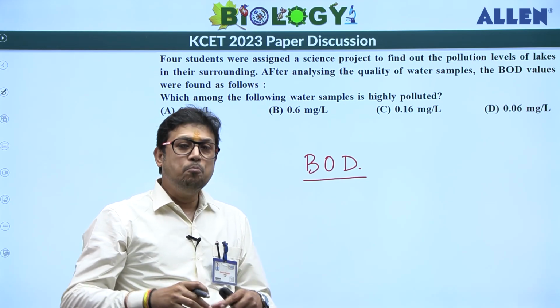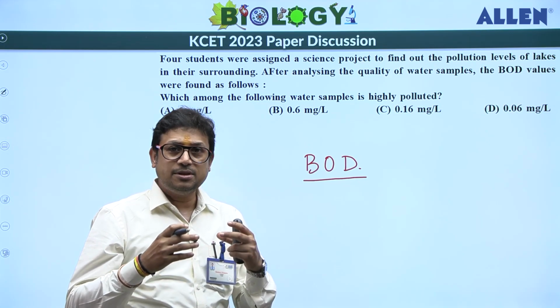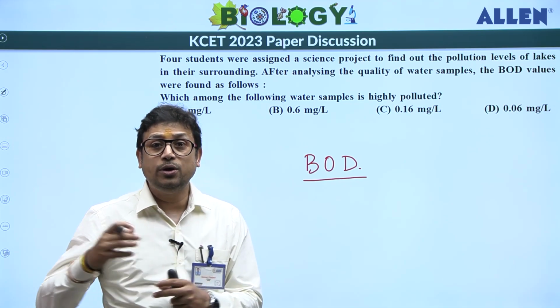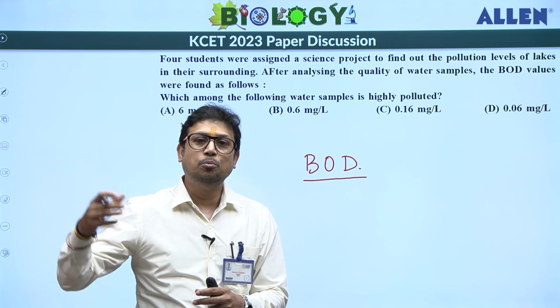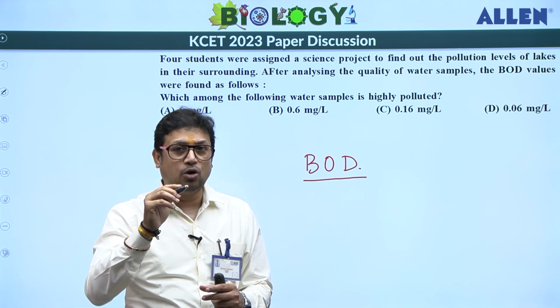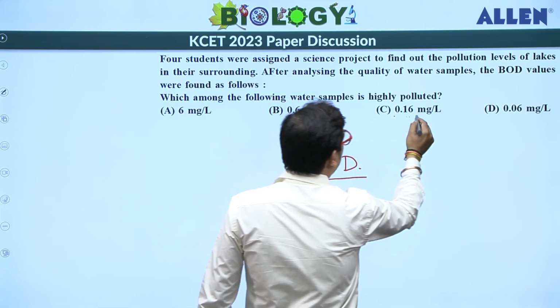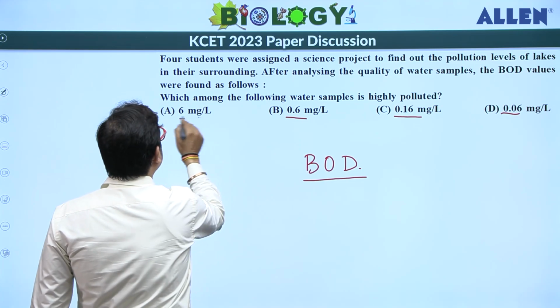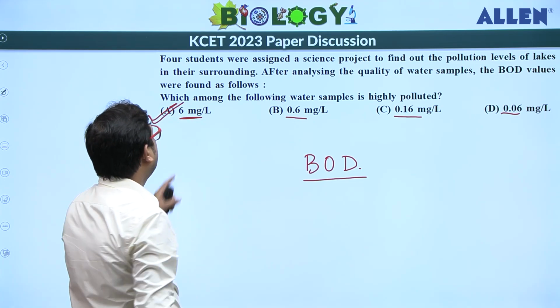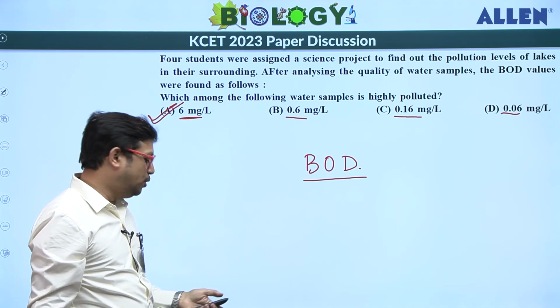That means more organic waste, more biological demand. The organisms require more oxygen to degrade more pollutant. So if the BOD value is more, that indicates more pollution. Among 0.6, 0.16, 0.06 and here it is 6 mg, the BOD is very high. So high BOD means more pollution.